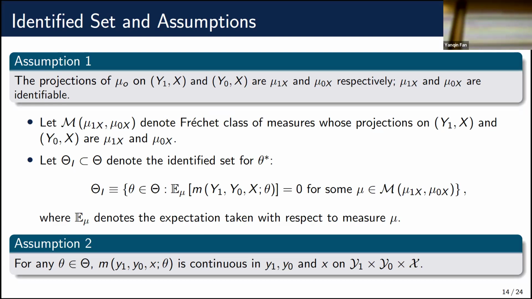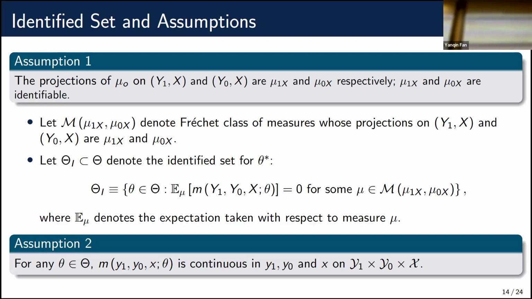Well, theta star satisfies this moment condition. So any theta in the identified set must also satisfy this moment condition for some measure mu which belongs to this class. Okay, so this is the identified set. In fact, in terms of our formulation, this is what Carlos wrote down, but not in terms of the moment condition.